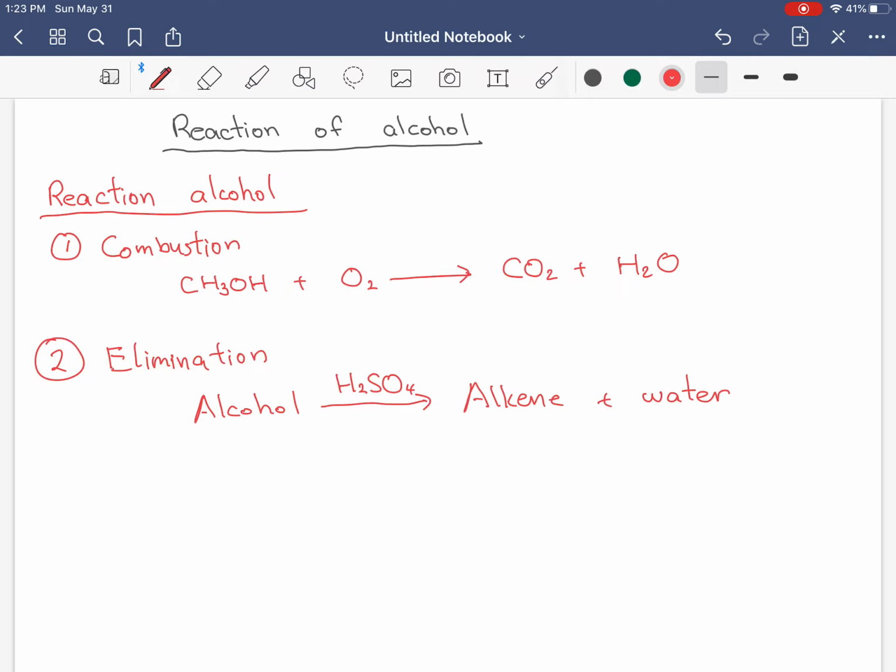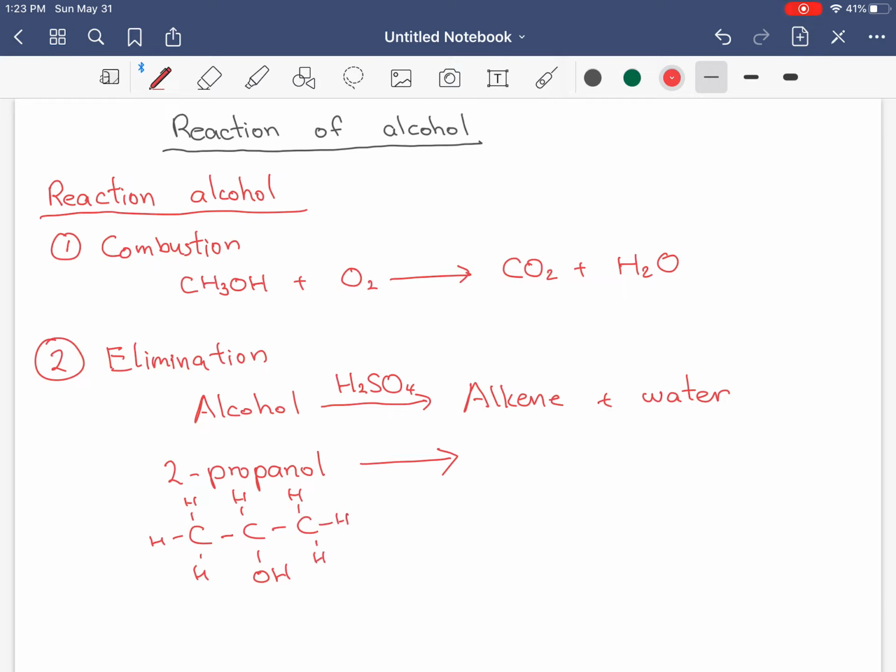Yes, this is actually the reverse of hydration. So let's take a look. You have 2-propanol. What would you get from this? Let's draw 2-propanol. Here's 2-propanol. Let me draw these H's.